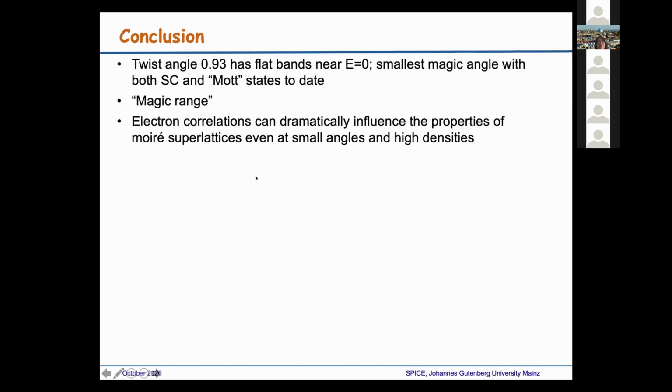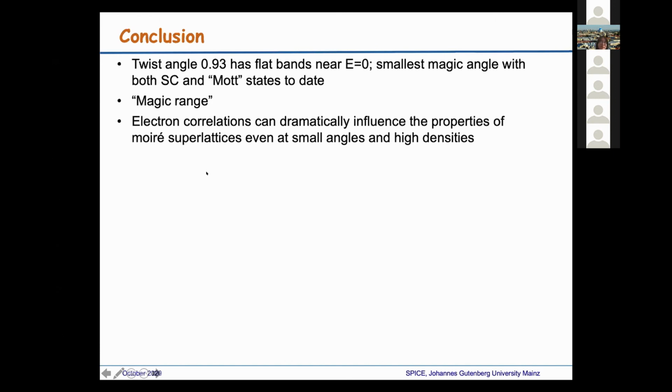Okay, so for this part, I just want to say that we see both superconductivity and correlated insulating states in a device with a rather small angle, about 0.93 degrees, which is below the classical prediction of the magic angle. So instead of a magic angle, we probably have a magic range.